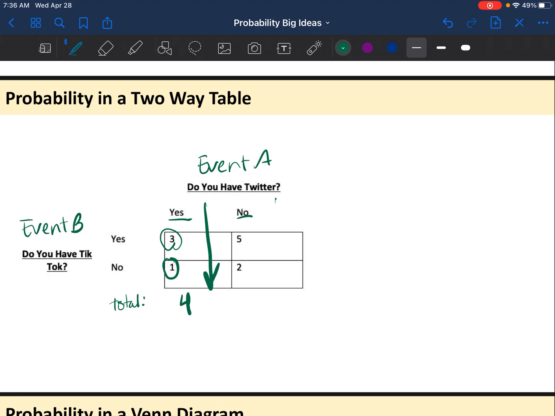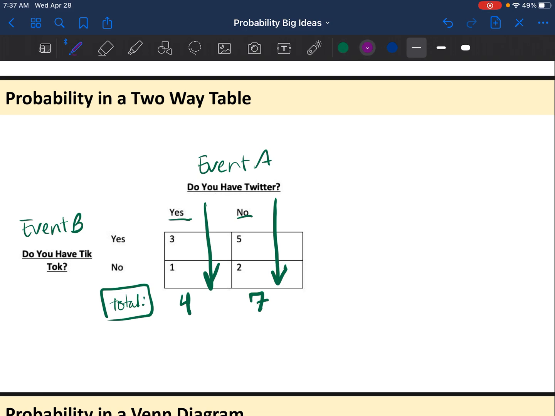So how many people do not have Twitter? Here I have 7. And even when a two-way table doesn't give me the total row, I always put it here because it makes it much easier when we go to find the probability.